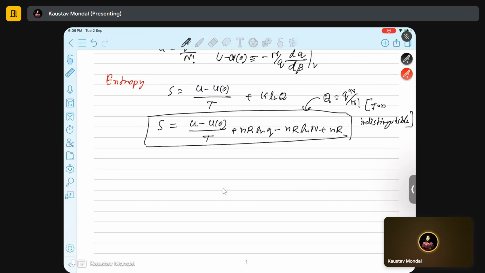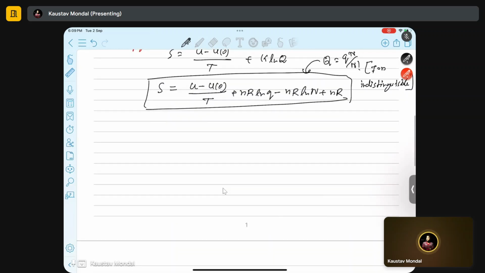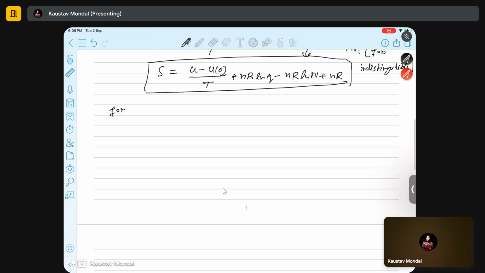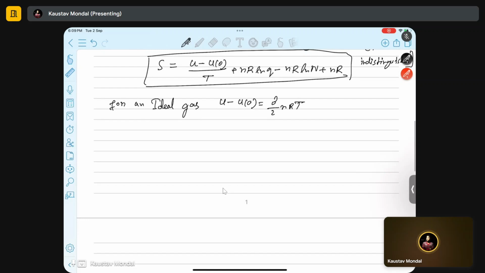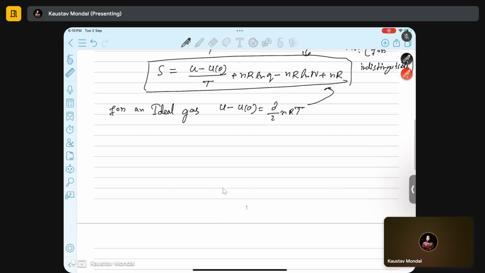Now what we did next is calculate this expression of the entropy for an ideal gas. For an ideal gas, we know its internal energy is simply U minus U0 equal to 3 by 2 nRT for a 3D ideal gas.